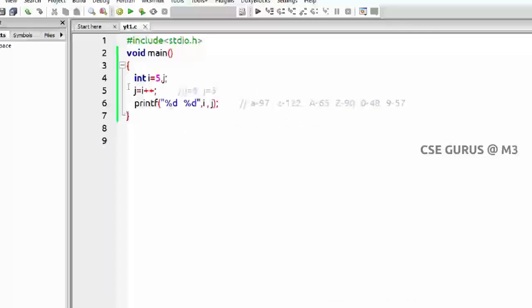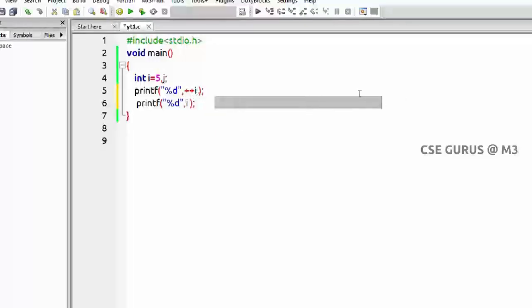And not only here, you can observe here also. One more thing here I want to show you. Now tell me what is the output of this one. I is equal to 5. Now the 5 value will be incremented. I told you pre-increment, so plus plus I. So the I value 5 will become 6, then it will be printed.